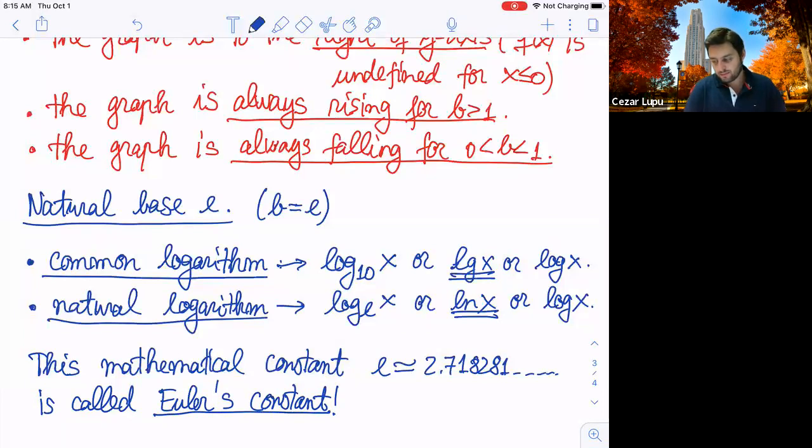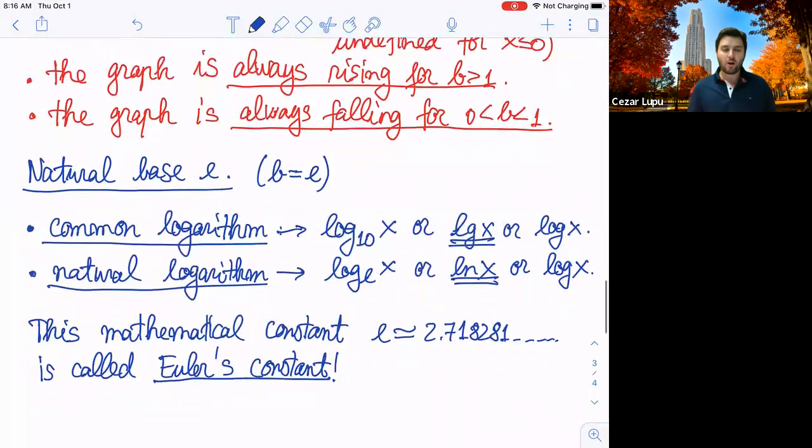Even to this day, people are still rediscovering some of the things that Euler did back in the day, basically 300 years ago, even more than that.